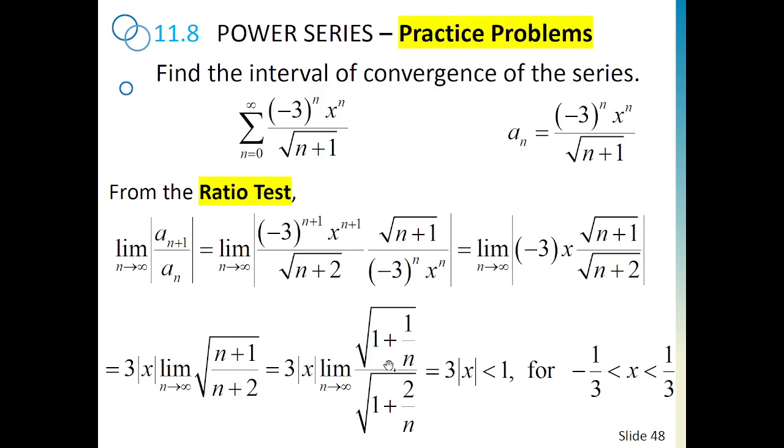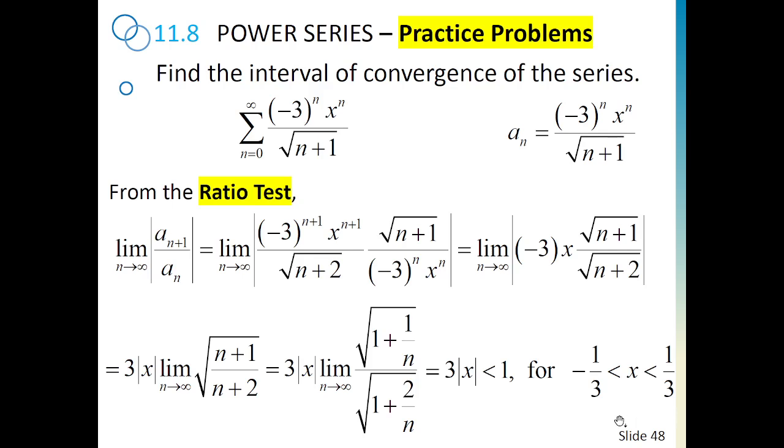If I compute this limit, after rewriting a little bit, I realize the limit is 1. So by the ratio test, I know that 3 times the absolute value of x must be smaller than 1 in order for the series to be absolutely convergent. So I get the interval of convergence immediately. Now, the last part of the work is to check if the series is maybe convergent at one of the endpoints.